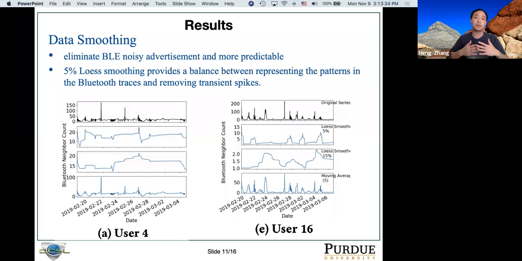Eventually we found that using 5% lowess smoothing provides a balance between representing the user's pattern and eliminating the transient spikes in the original raw data. So we apply the smoothing technique, and the following results will be based on this smoothed data set.